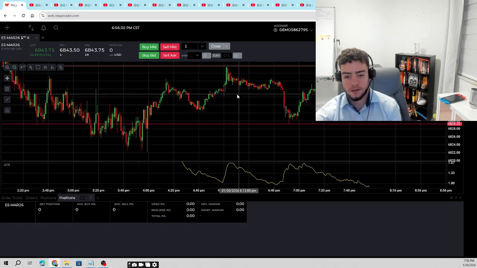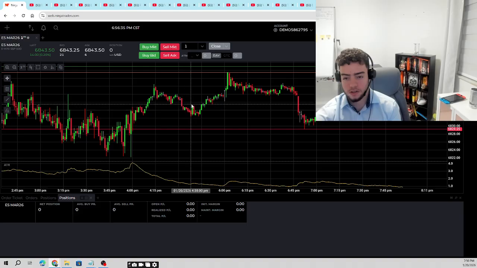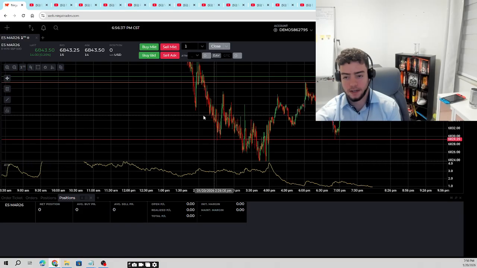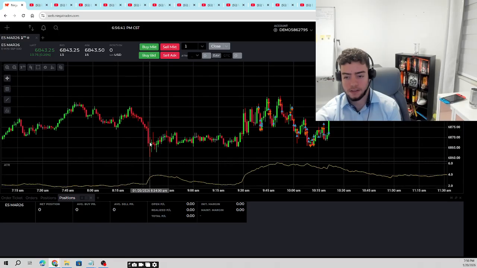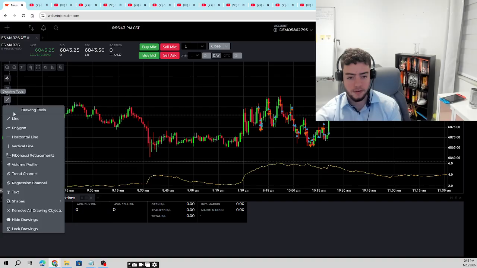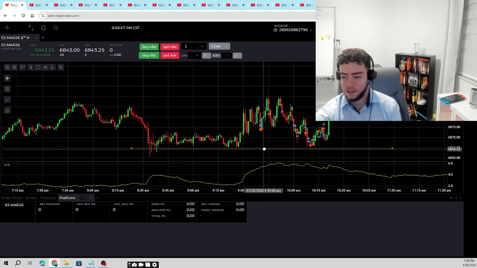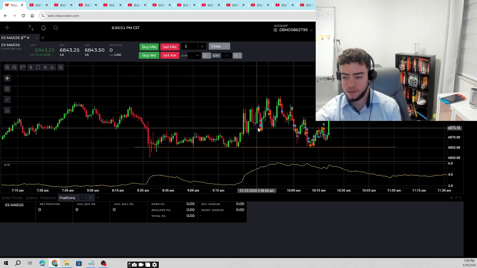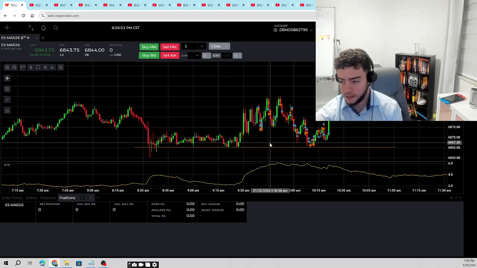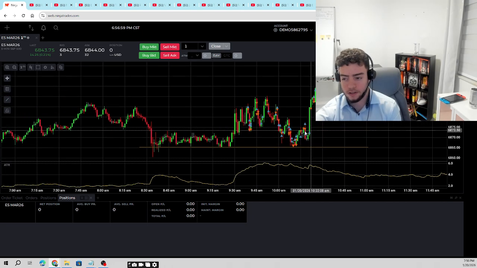If we look at the price, let's say right here, you would call this accumulation. This is a zone where buyers are refusing to let sellers push the price any further than that. So you could call it a zone.